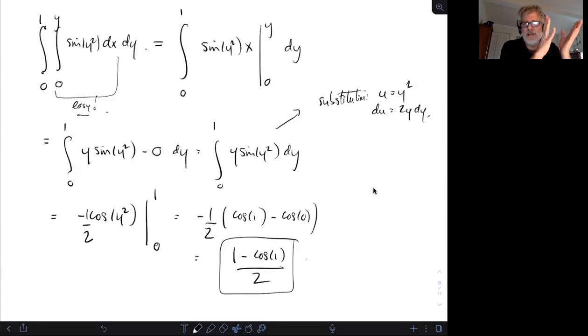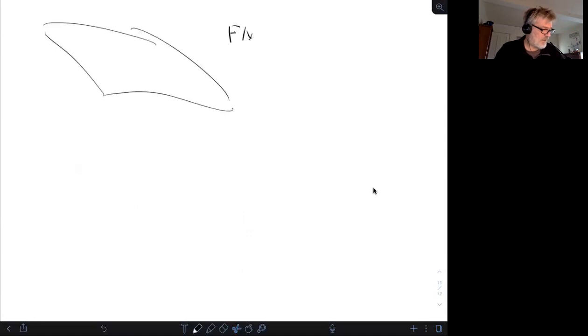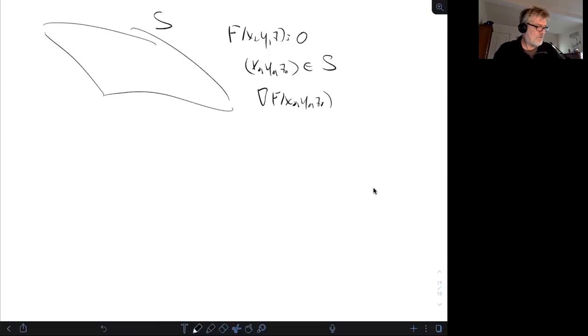So you have a surface given by f of x, y, z equals 0, and you have a point on the surface, then the gradient of f at this point is perpendicular to S. So that would be a normal to the tangent plane, right?